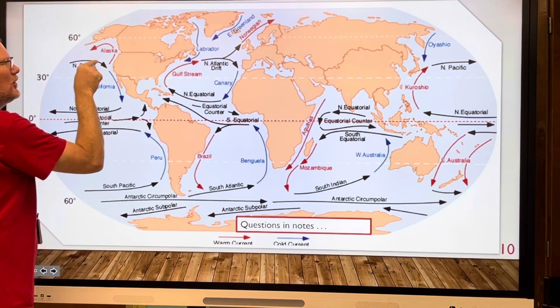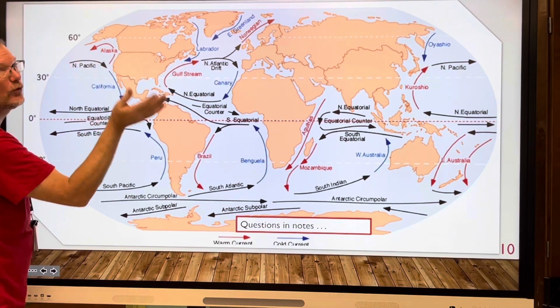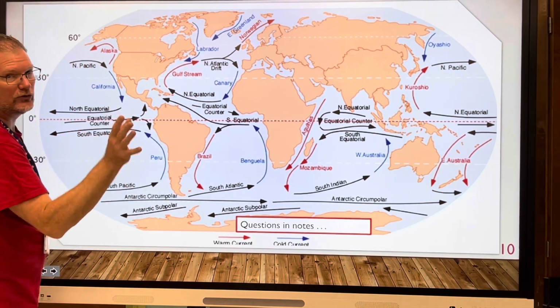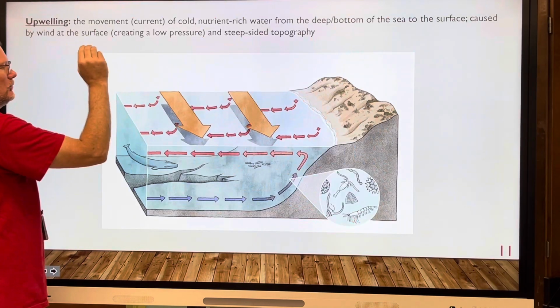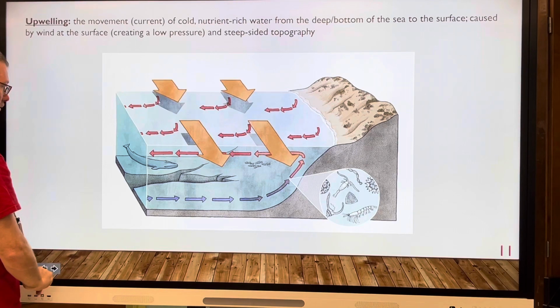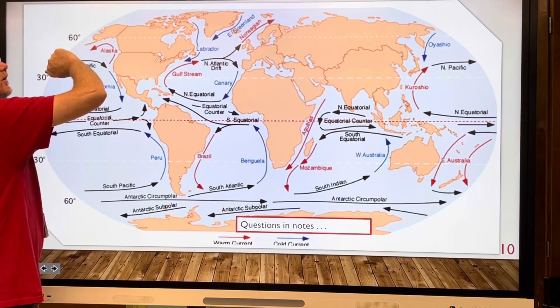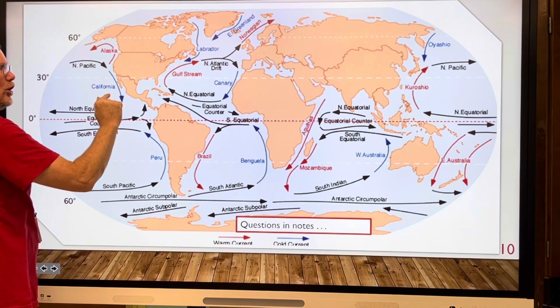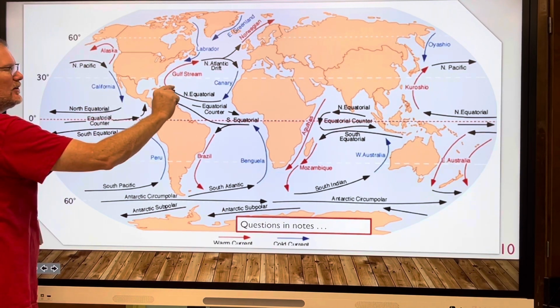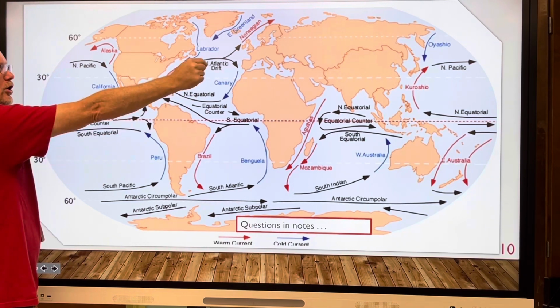That's why the California coast is colder, not Florida, don't want to mix those two up, because it's getting this North Pacific cold current, and we're getting this tropical or subtropical warm current going up.